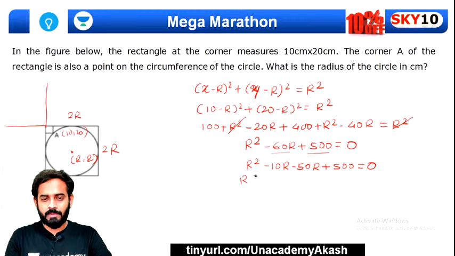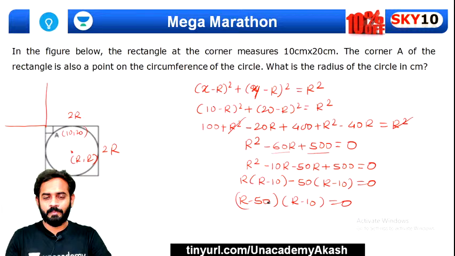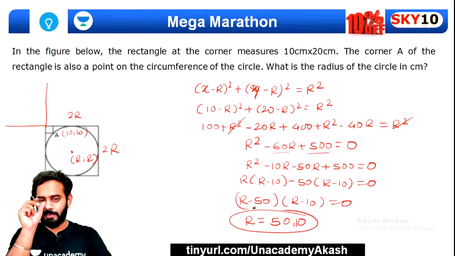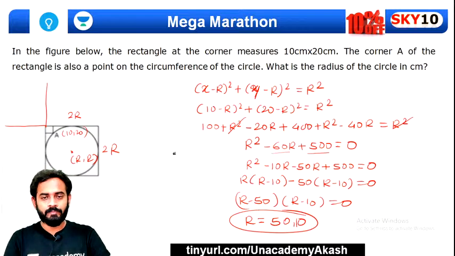So let's take r common. r minus 10 common, and you'll get r minus 50 and r minus 10, this is equal to 0. So there are two possible values, that is 50 and 10. Now, is it possible that we have this radius as 10?